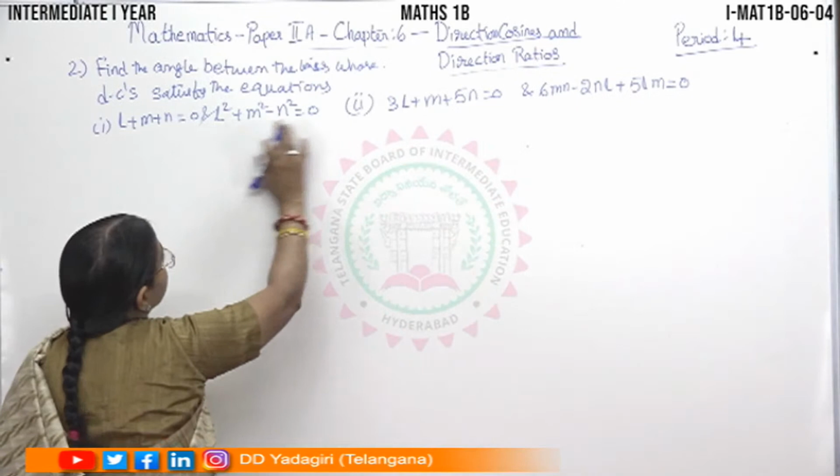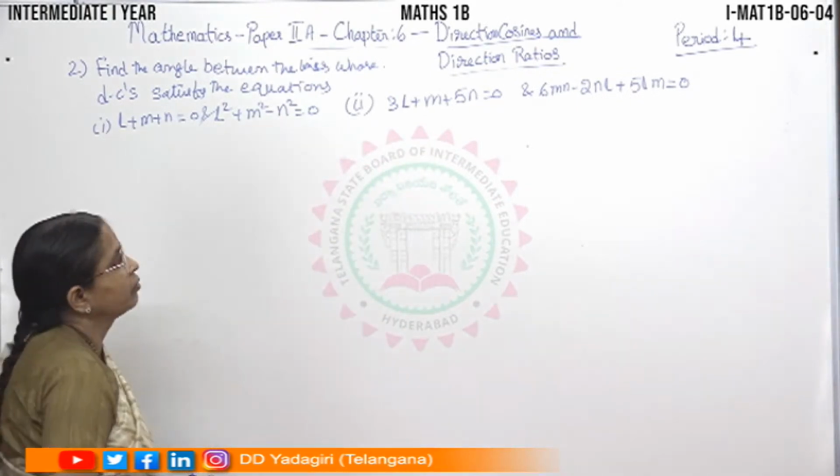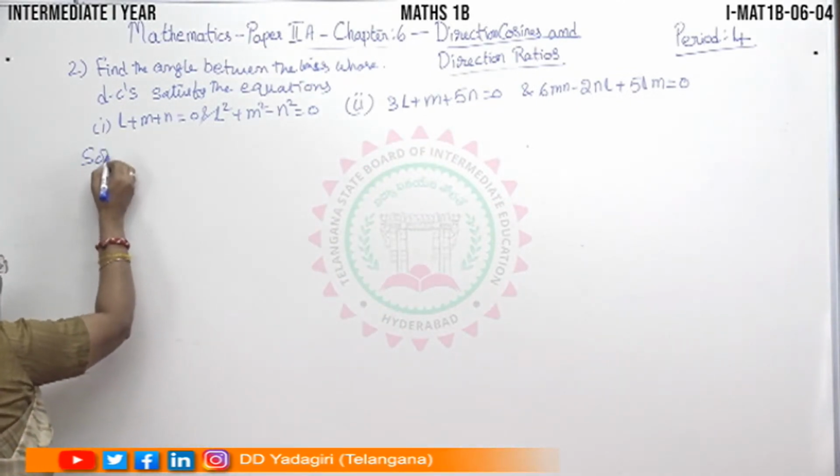This is one bit and this is the second bit. We'll do the second bit now. So what is it?